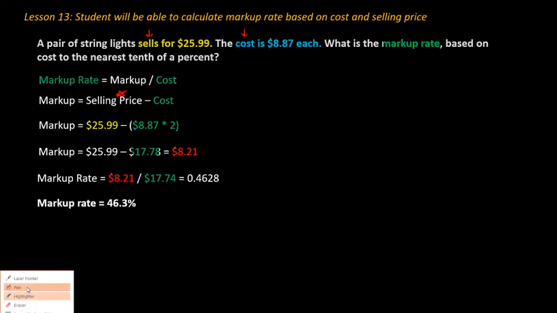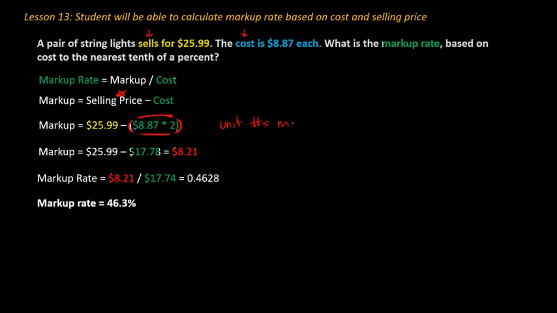Okay, so the first common mistake is just making sure your unit numbers match. Again, we have a selling price for 2 units, so our cost needs to describe 2 units. And the second important mistake is confusing your variables.